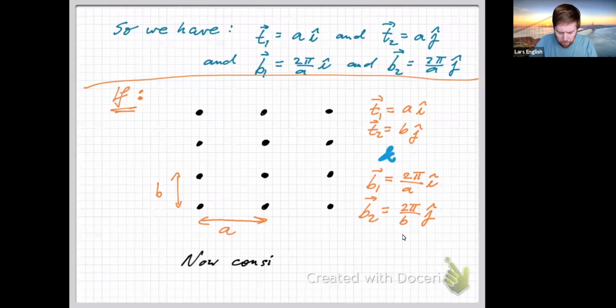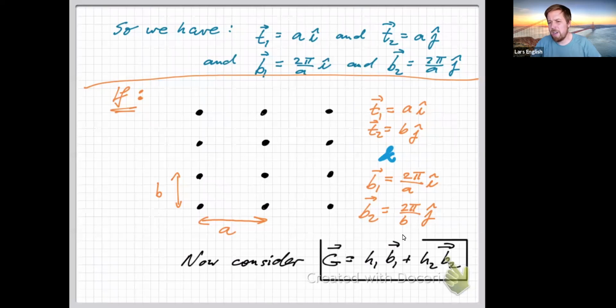All right, so now we can consider superpositions of the reciprocal lattice basis vectors, B1 and B2. And by the way, I'm using the same notation as our book, sticking with the book's nomenclature and labels.